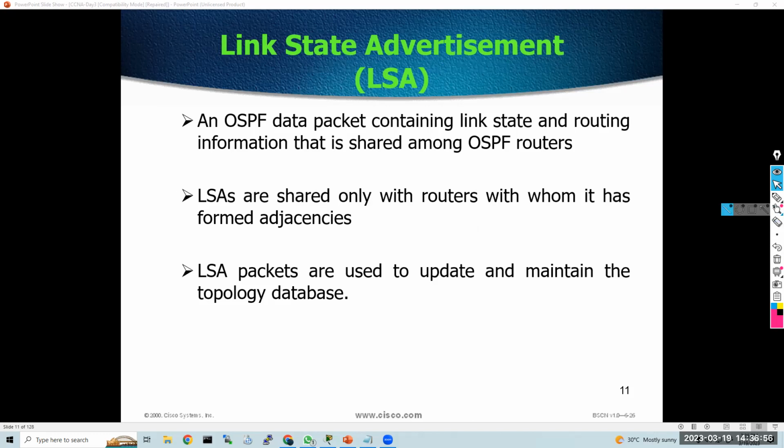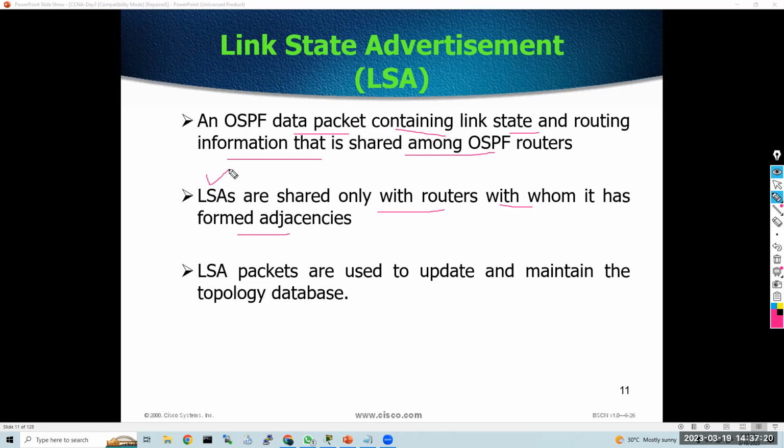Then link state advertisement, guys. Remember, the OSPF link state data packet contains link state and routing information that is shared among your OSPF routers. LSA shares only with the router with which it has formed the adjacency. Link state update advertisement will share the update only with those with whom it has formed the adjacency.